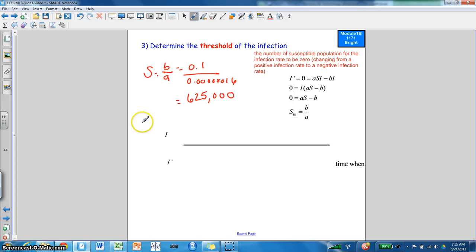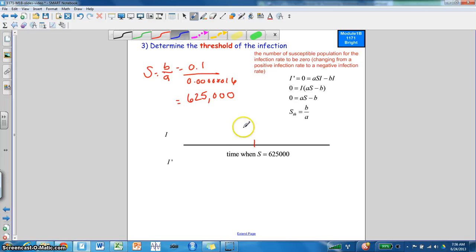In terms of time, I'm going to make what I'm calling a sign chart for I prime. If I make a little tick mark on a number line, remember that I and I prime are both functions of time. I don't know this exact time. Some activities that we'll do in both the worksheet and the workbook have you analyze this. But I'm just going to make a time when S prime is 0, the threshold value.